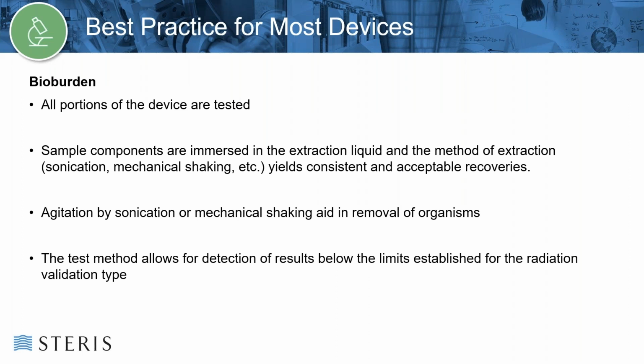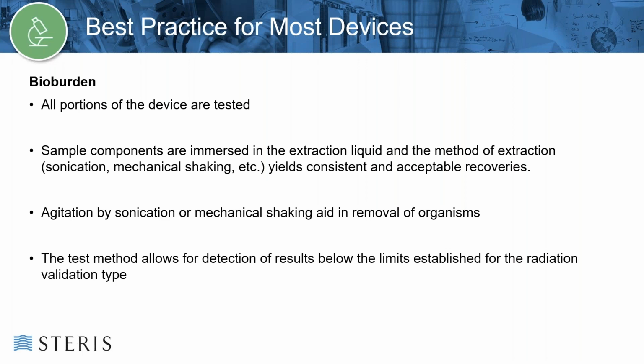So what are the best practices for most devices for the bioburden test? We're typically performing testing on all portions of the device. Sample components are immersed in the extraction fluid or liquid, and the method of extraction, whether that's sonication or mechanical shaking, or a variety of other combinations of methods, yields consistent and acceptable recoveries.